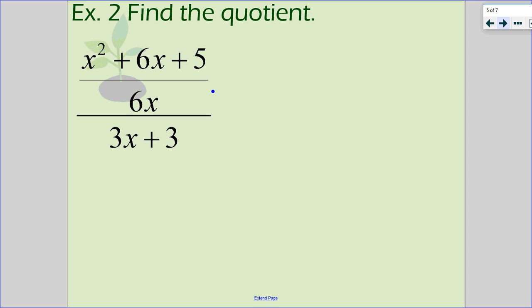So this one, we're going to rewrite as the numerator divided by the denominator. So the numerator is x squared plus 6x plus 5 over 6x. What's the dark line, like the division line? Yes.